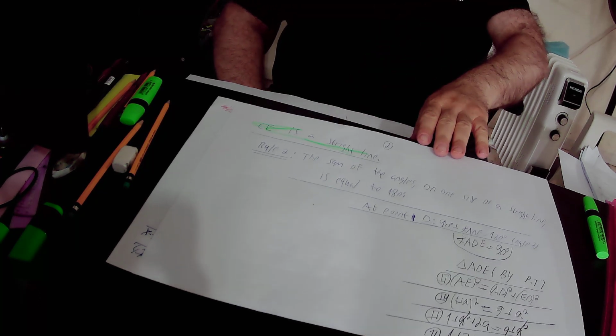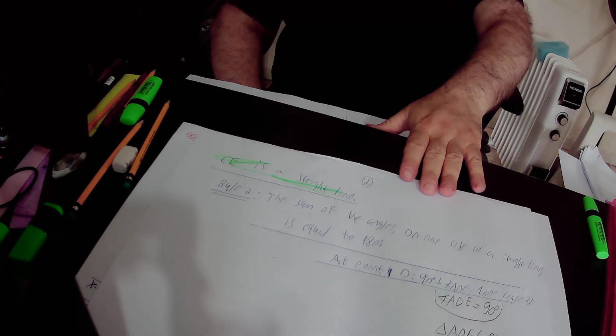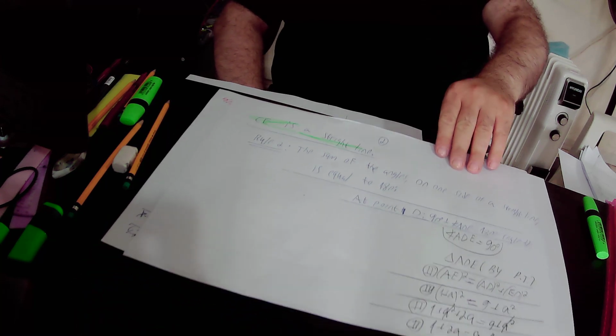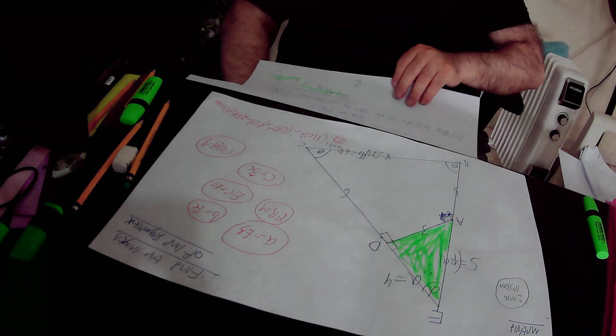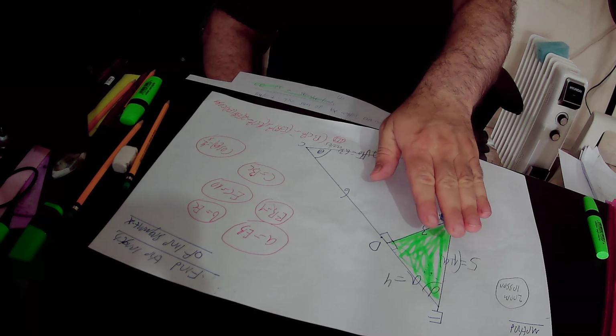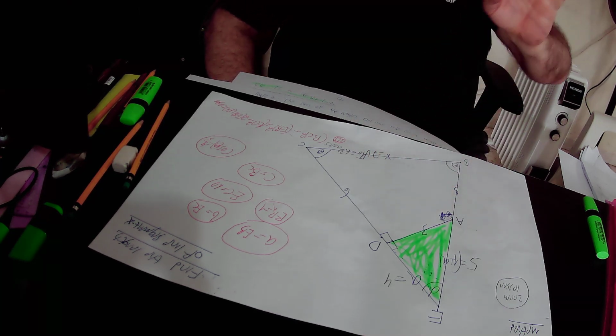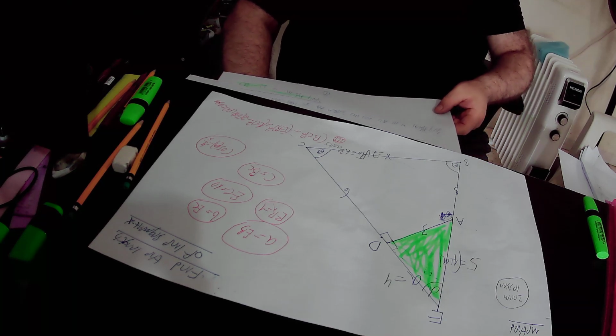Then we have rule number 2. According to rule number 2, the sum of the angles on one side of a straight line is equal to 180 degrees. If we focus on this side of the straight line CE at point D, which angles do we have?